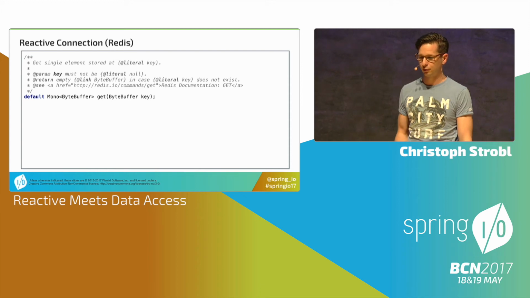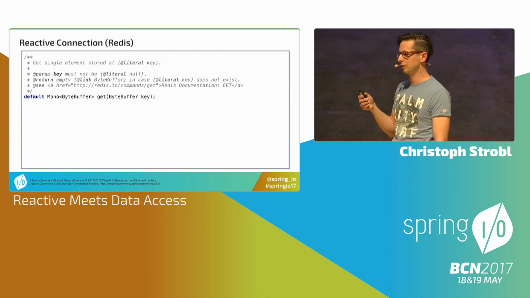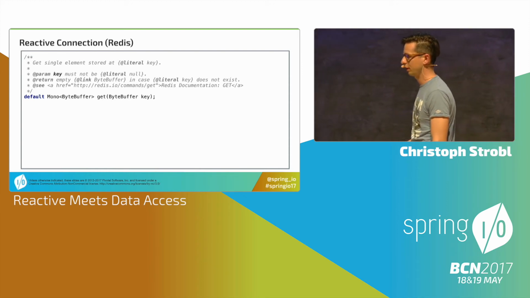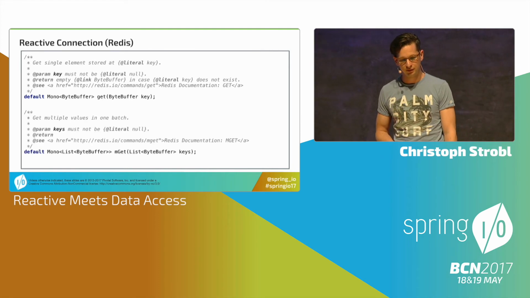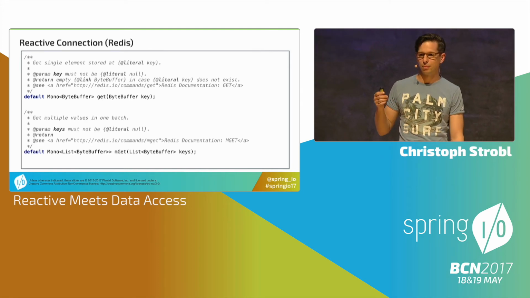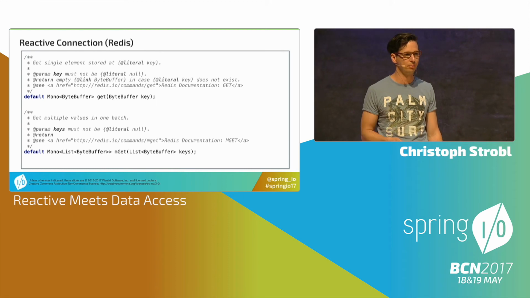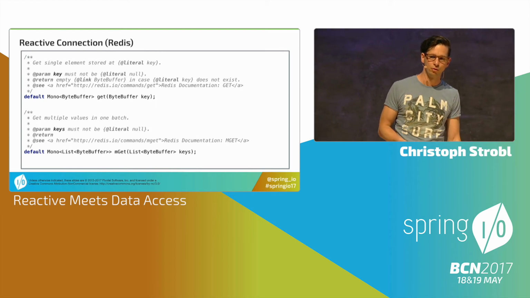Still, Redis has in its API a contract, and that might look like this. There is a multiple get command, which is called mget. And the contract is as follows.